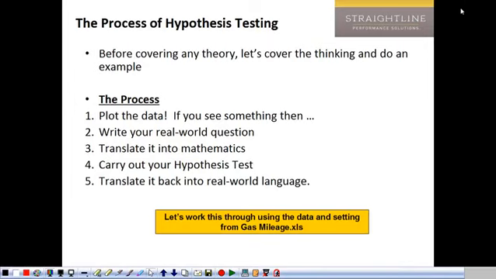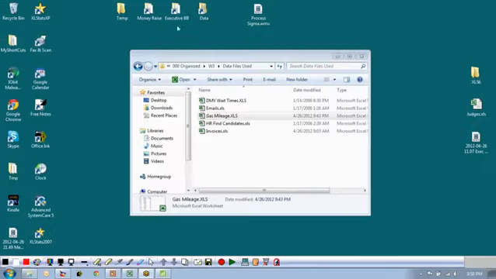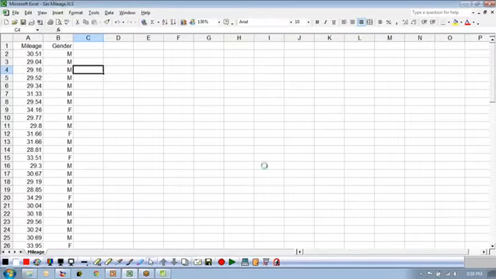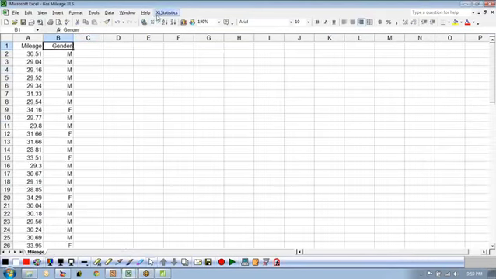And what I'm going to do is, I see I've failed to do this. I want to also open up Excel statistics. There it goes. So now we're going to open this up. All right. There's my gas mileage. There's Excel statistics.